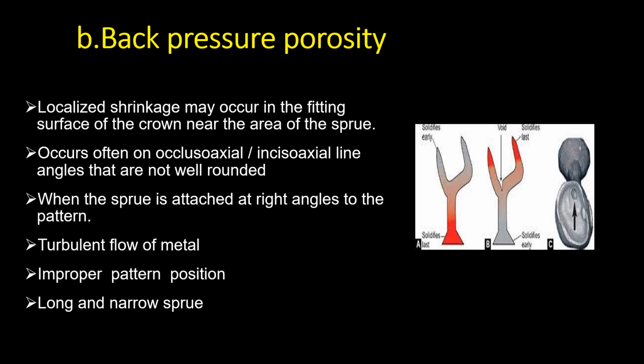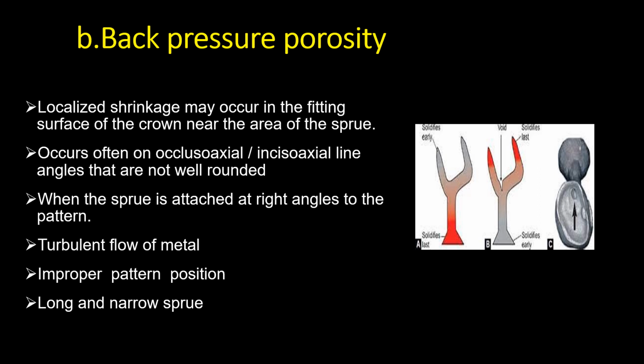Next one is back pressure porosity. This back pressure porosity can be seen on the fitting surface of the wax pattern near the sprue attachment. Mainly it is the occluso-axial or incisal-axial line angle area. If the wax pattern is not well rounded, if there is any sharp area, that will lead to back pressure porosity.